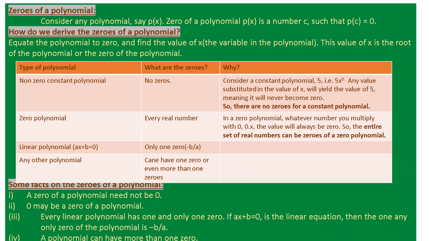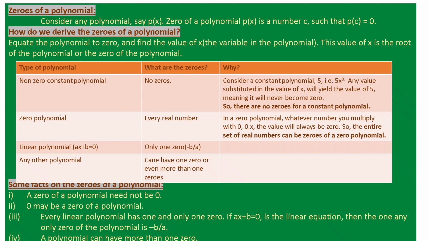Any value you substitute for x, say 1 or 10,000, anything raised to the power of 0 gives 1. So this polynomial, minus 5 times 1, becomes minus 5. It can never give a 0 value. So, there are no zeros. The answer to this question is that there are no zeros for a non-zero constant polynomial.